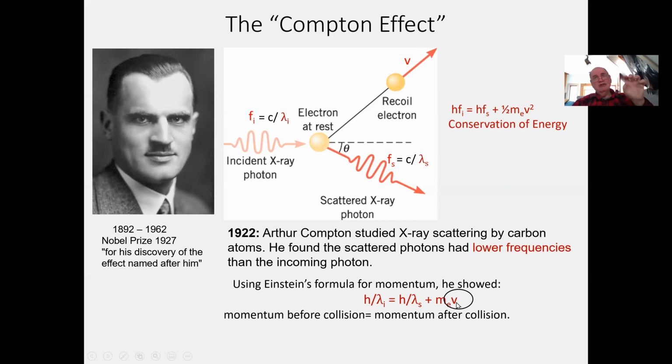The momentum not only has to have the right value as these two lambdas, it also has to have the right direction. And the direction of the scattered photon has to be right, so that if you notice, the momentum of the incoming photon, if it truly has one, is only in the x direction, so the y amount of momentum in this direction better cancel out the y amount of momentum in this direction, and so that we only have an x component of momentum in the original direction.